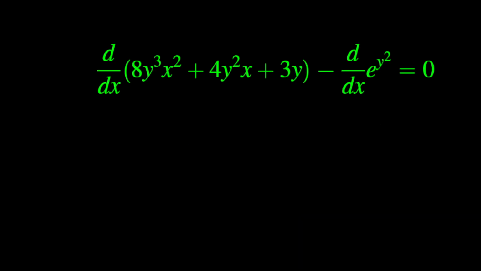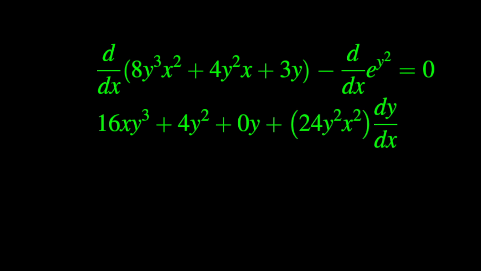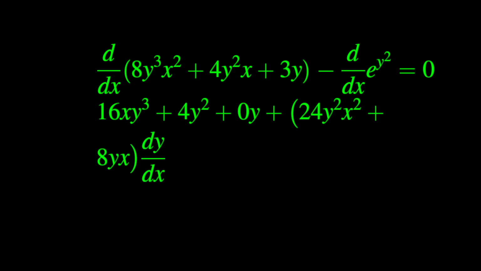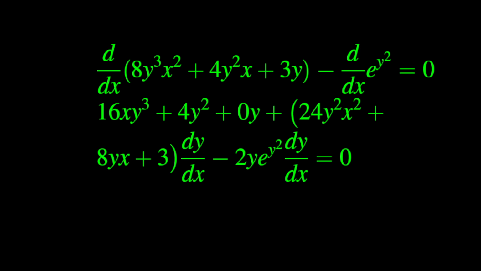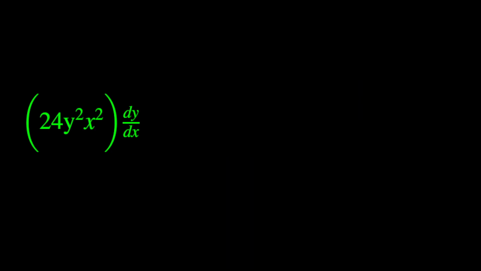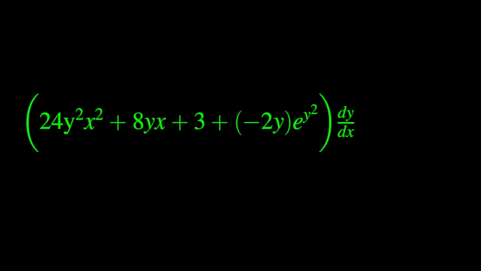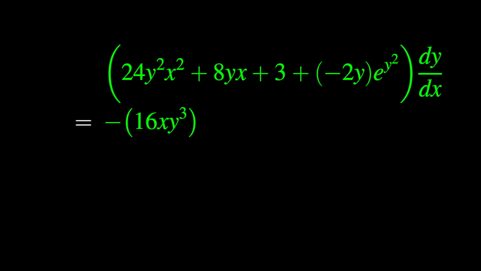We know that the differential equation, d over dx of 8y cubed x squared, plus 4y squared x, plus 3y, minus d over dx of exponential of y squared equals 0, is equivalent to 16xy cubed, plus 4y squared, plus 0y, plus 24y squared x squared, plus 8yx, plus 3 times dy over dx, minus 2y times exponential of y squared times dy over dx equals 0, which is also equivalent to 24y squared x squared, plus 8yx, plus 3, minus 2y times exponential of y squared, times dy over dx, which is equal to negative the quantity 16xy cubed, plus 4y squared, plus 0y.